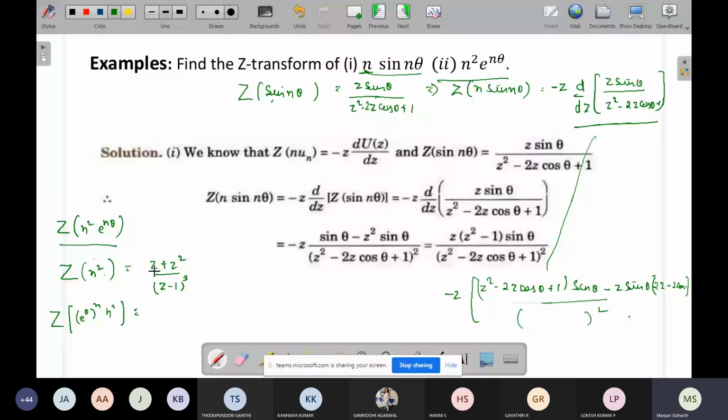So we'll replace z by z over e power theta, and so this is your answer.